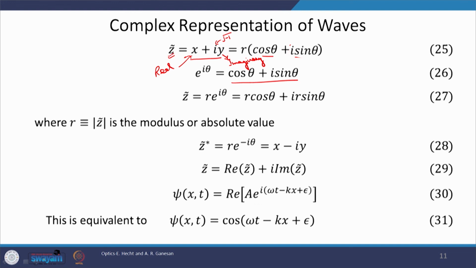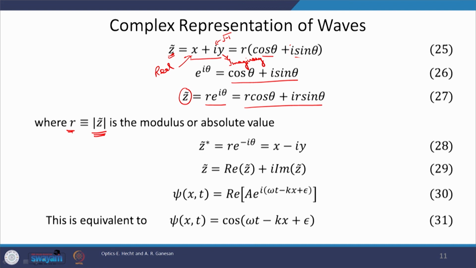Therefore, the complex number, expressed by z tilde, can be written as r e to the power i theta, which is equal to r cos theta plus i r sin theta. If you want to calculate the absolute value or the modulus of this complex number, you take the mod, and this will be equal to r.